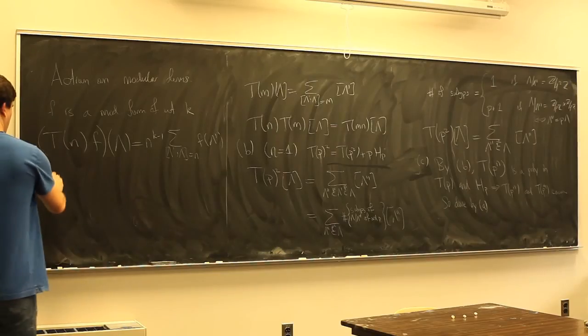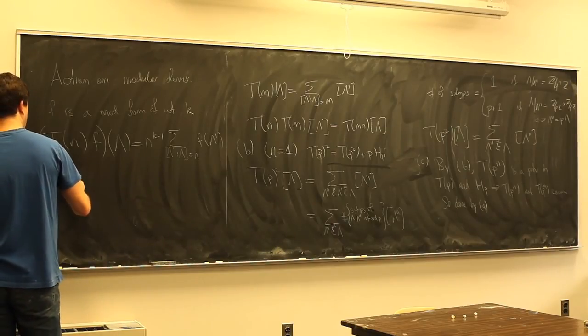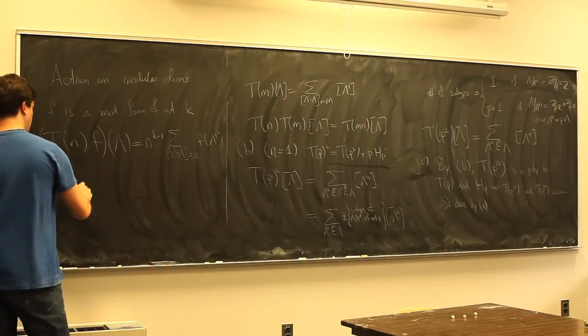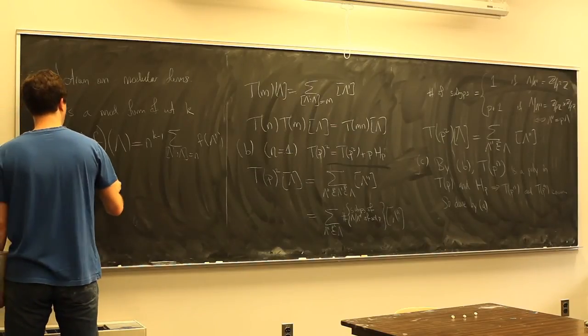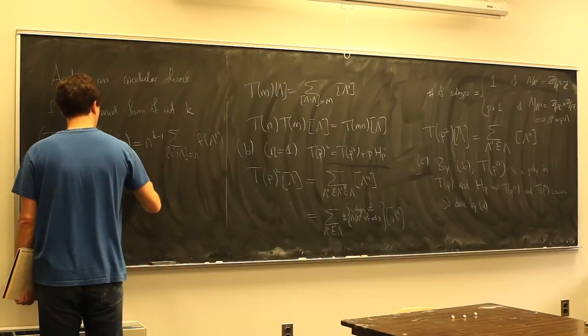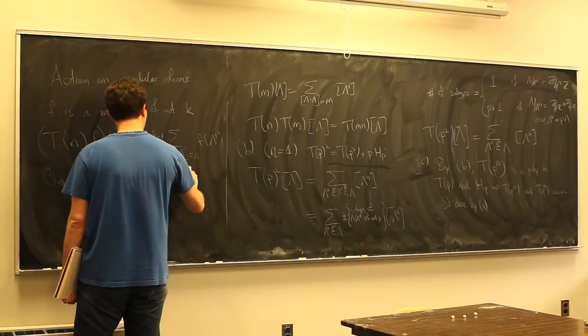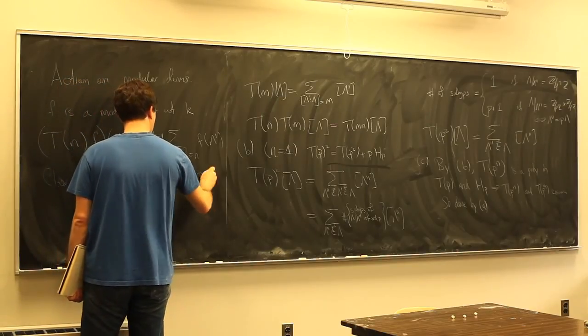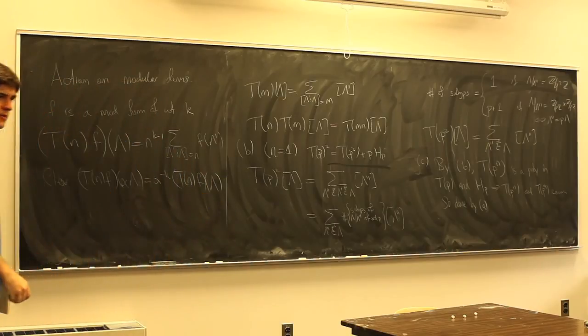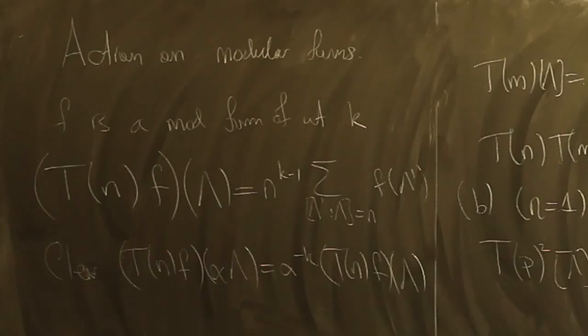And so it's more or less clear that this has the right homogeneity property. So T(n) of f on αΛ is α to the minus k, T(n) of f on Λ. So it looks like it should be a modular form. And the only thing to check is the holomorphic conditions.